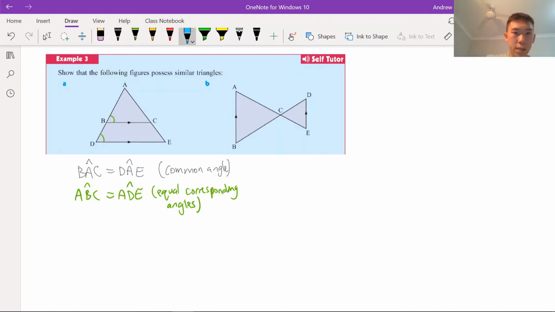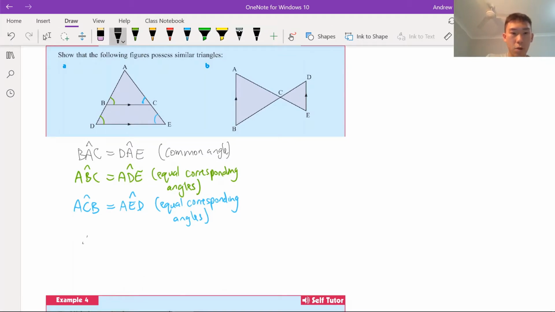Alright, and then we can do the same thing here. Notice how the order of the naming is the same for each triangle. So angle ACB is equal to angle AED, which means, well, the reason is the same, equal corresponding angles.